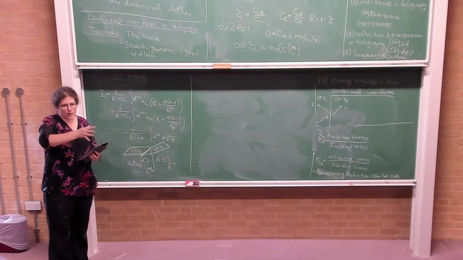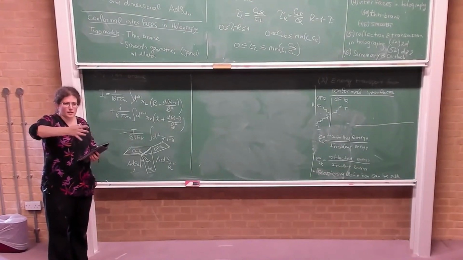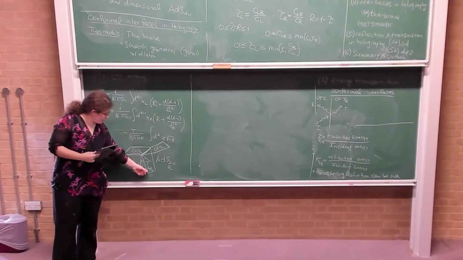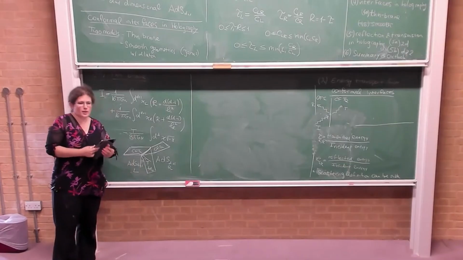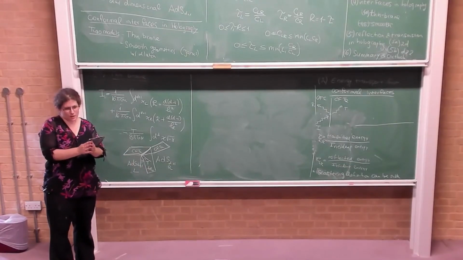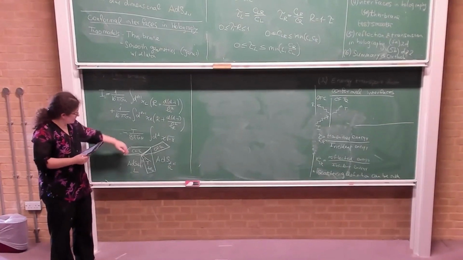So depending on what angle you take, you can change the induced metric on the brane. You can change the effective radius of this AdS_d slice, and you can bring them to match across the interface, depending on the tension.